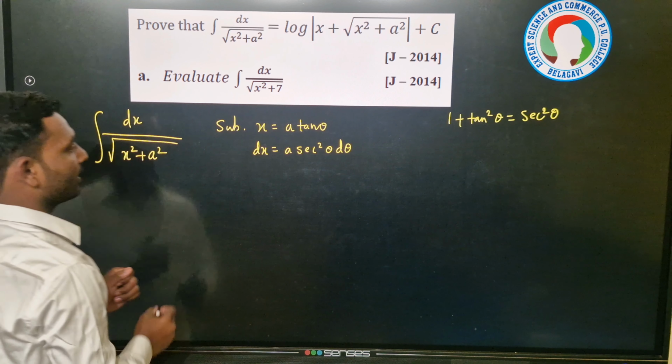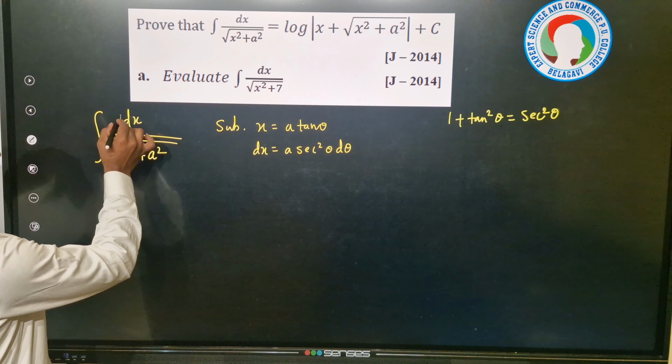So the value of dx is a sec square theta d theta, and the value of x is a tan theta. So if x equal to a tan theta, then tan theta is equal to x by a. Clear? So you have to substitute those values in this equation.